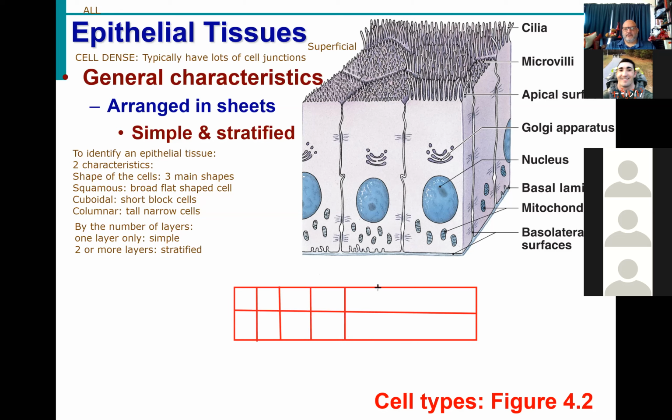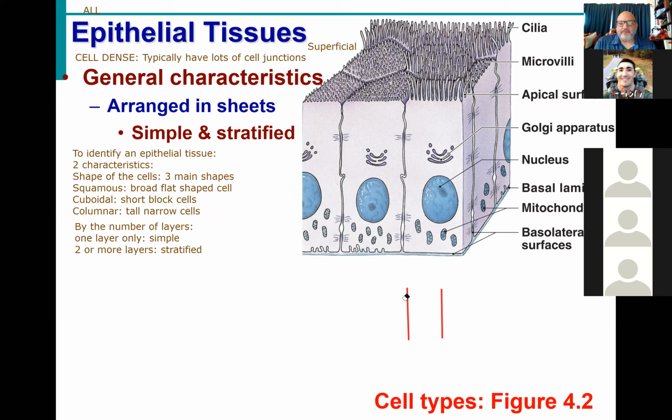Stratified cuboidal epithelial. There you go. Exactly. So you mix and match the shape of the cell and the number of layers, and you get the name of an epithelial tissue, like simple squamous, or stratified columnar, or something along those lines. You put them together, and you get an epithelial tissue type. All right.